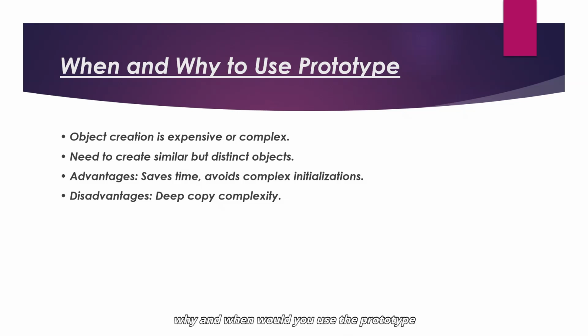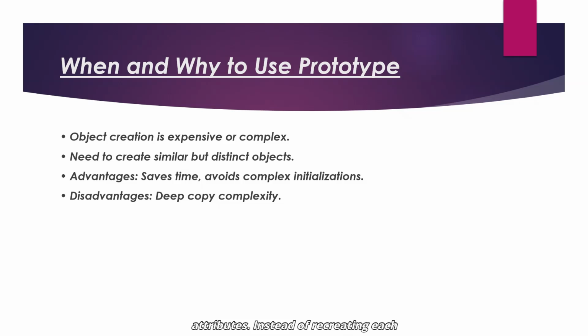So why and when would you use the prototype pattern? This pattern is particularly useful when you need to create a large number of similar objects and the process of creating each object from scratch is expensive or complex. For example, in a game engine, you might have various types of enemies, all having similar attributes like health, speed, and strength, but each instance may vary slightly in these attributes.